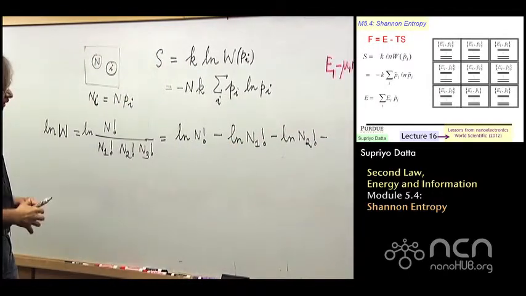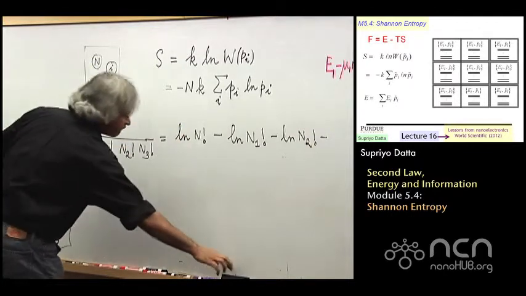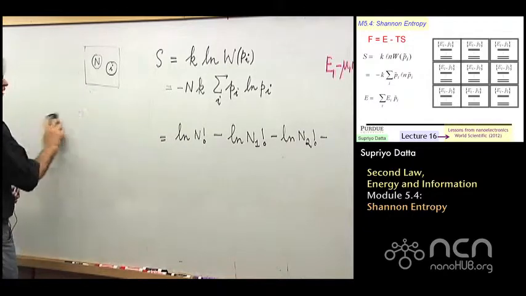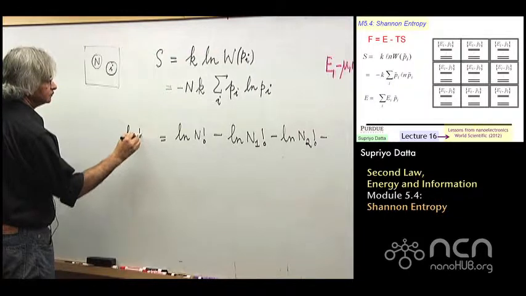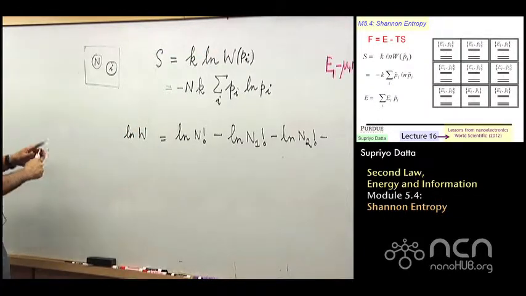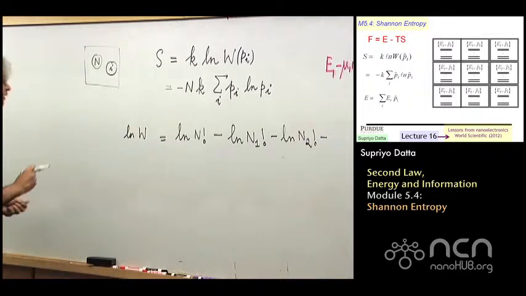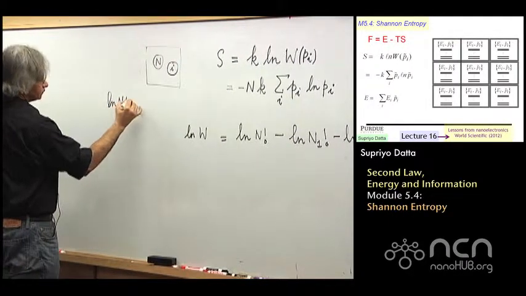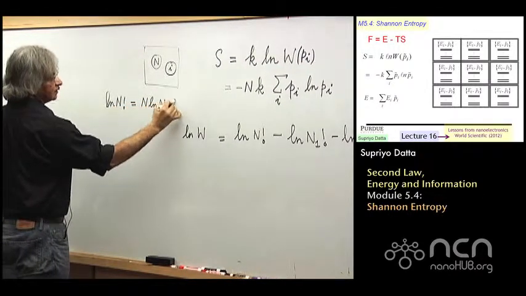And this is where, because these n's are large numbers, people use Stirling's approximation. So this is log W. And the Stirling's approximation goes like this: the logarithm of factorial n is written as n log n minus n.